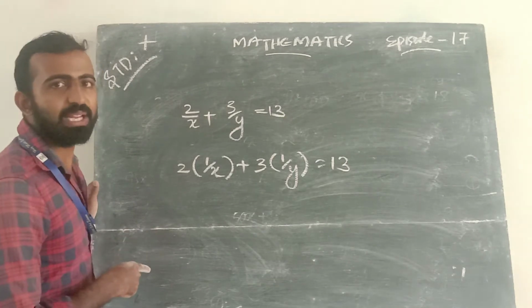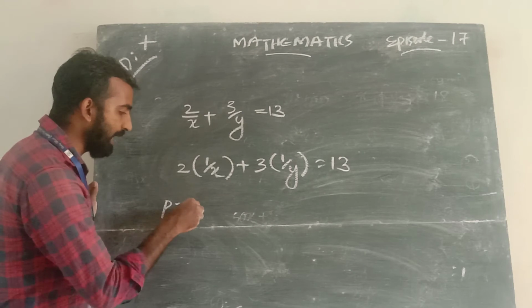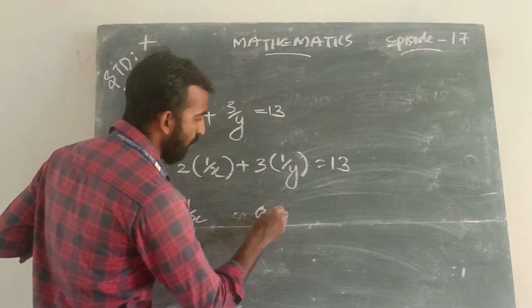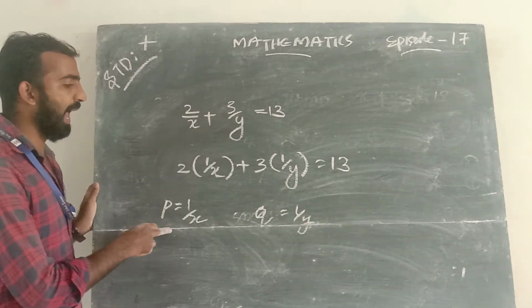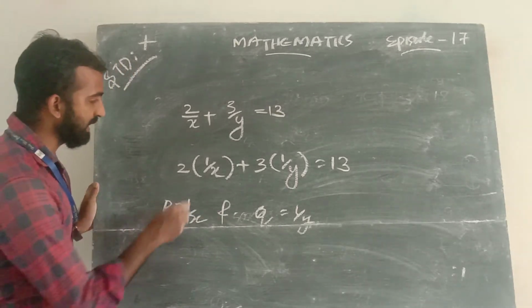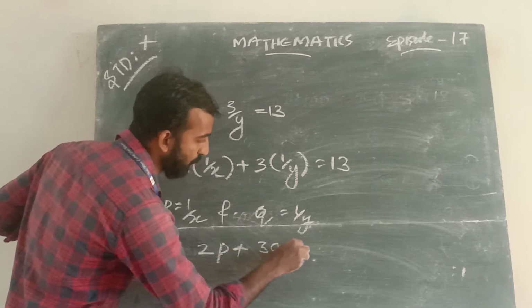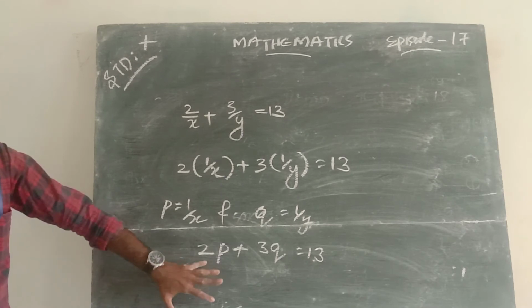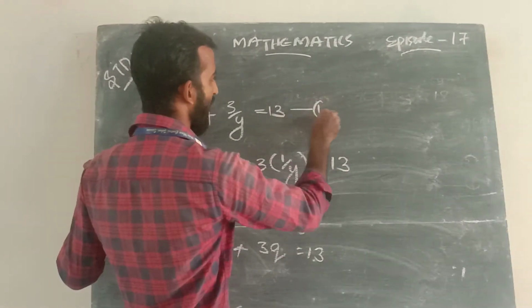Here we take p equal to 1 by x and q equal to 1 by y. Next we can write 2p plus 3q equal to 30. This is our equation number 1.